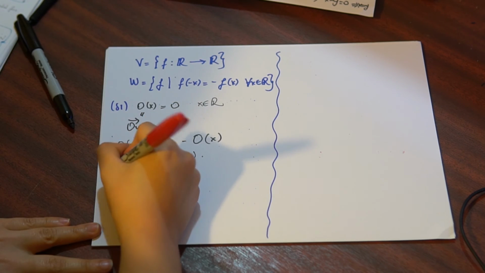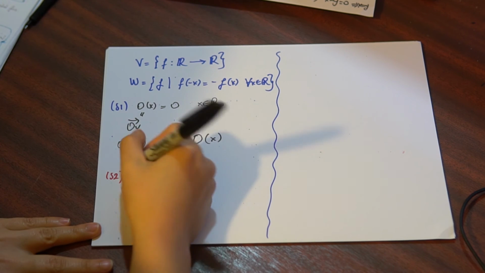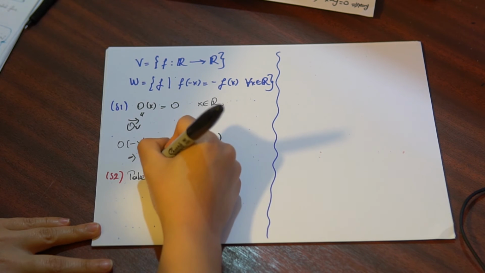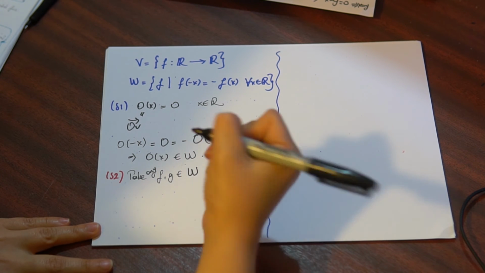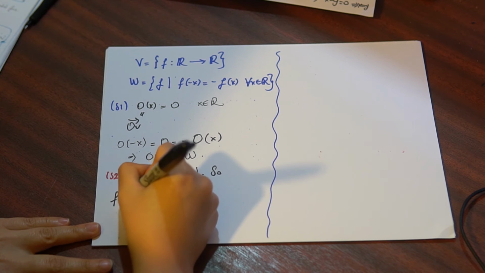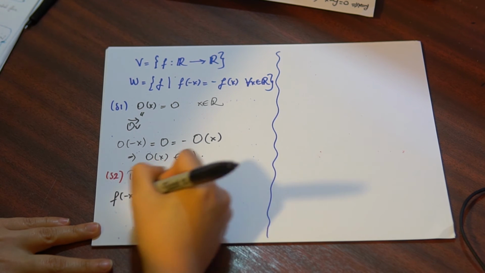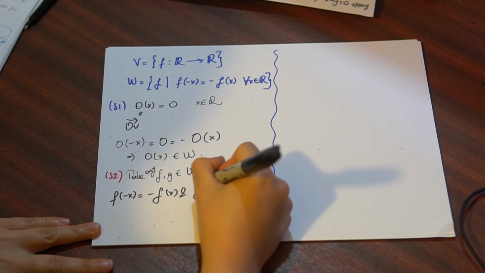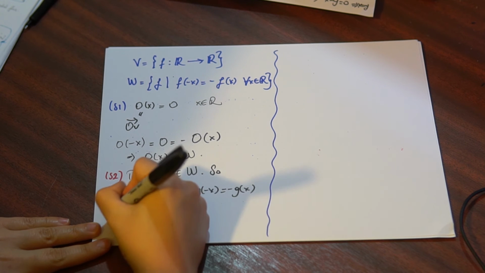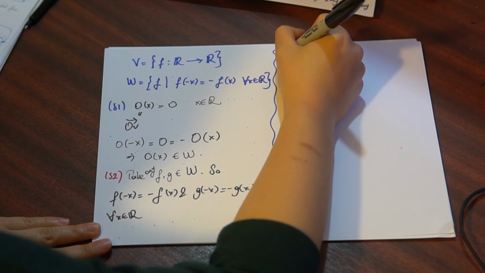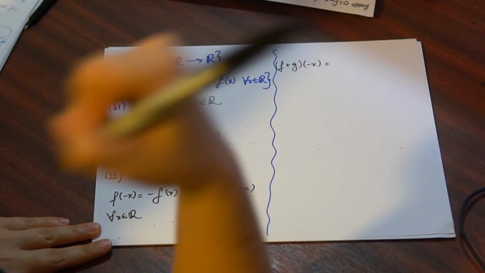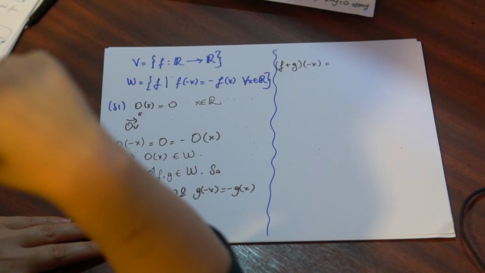Now we need to show the second axiom. Let's take any f and g inside W. So f of minus x is equal to minus f of x, and g of minus x is equal to minus g of x for every x in R. Now we need to show that (f plus g) of minus x is equal to minus (f plus g) of x.